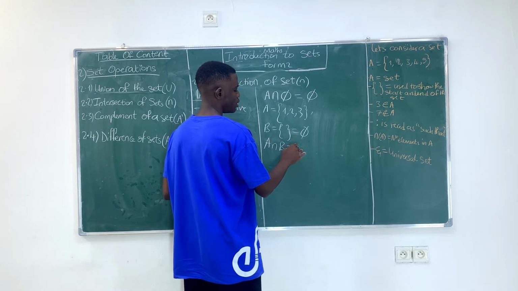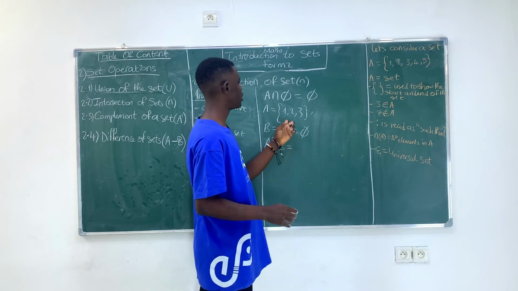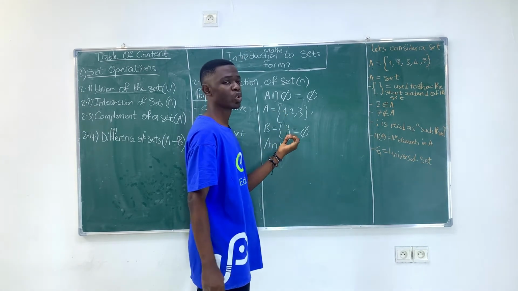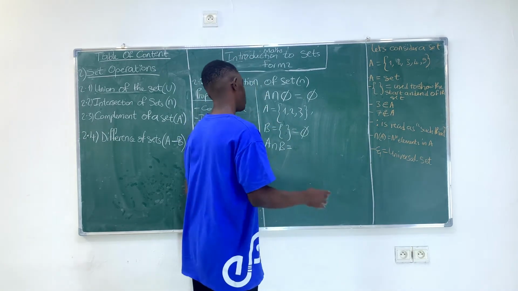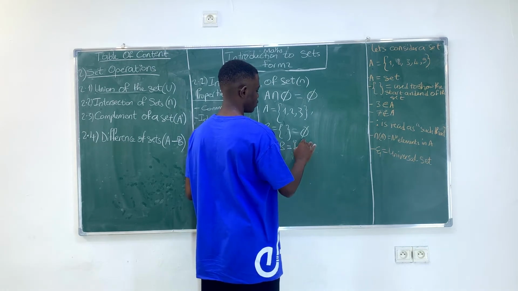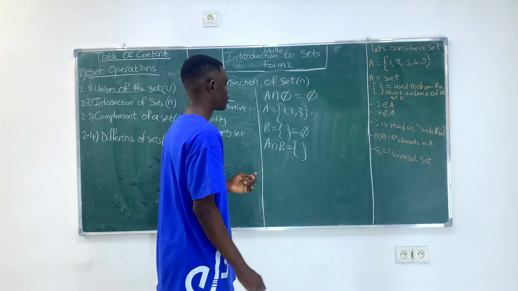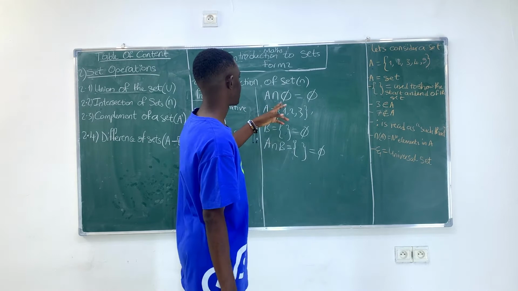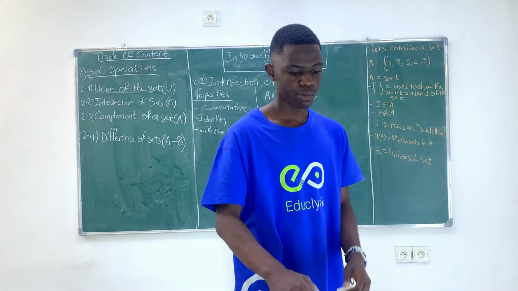A intersection of B will be equal to, since there is nothing common between the values inside this set and here, the result will also be an empty set. So A intersection of the empty set will be the empty set. So that is the property.